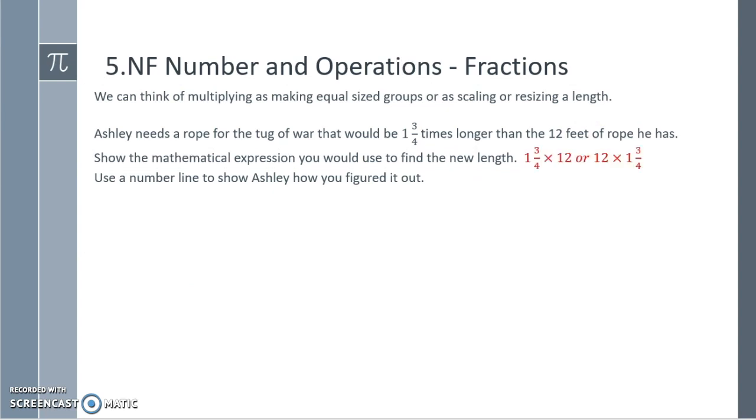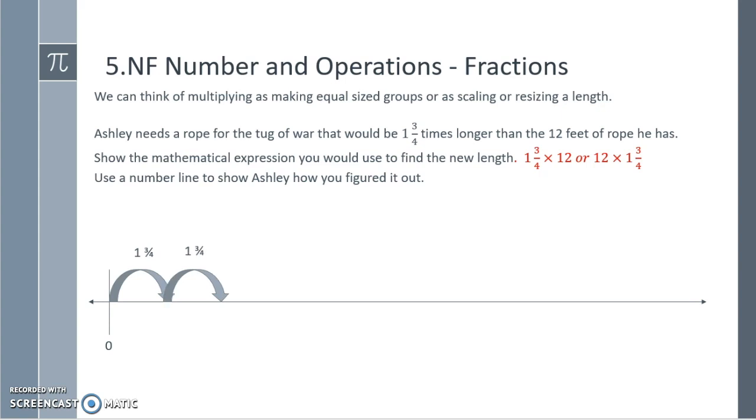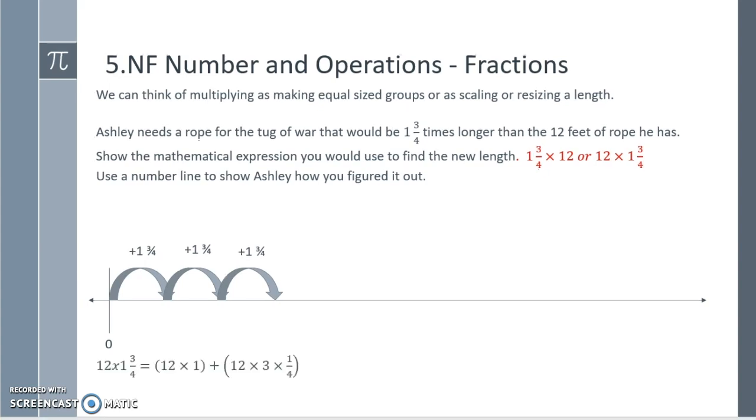So we could think of this as 1 3/4 times 12, or 12 times 1 3/4. So I have a number line. I'm going to choose to do an open number line. So the first option is taking 1 3/4 times 12. So I want 12 copies of 1 3/4. So I will continue making copies of 1 3/4 until I reach 12 of them.